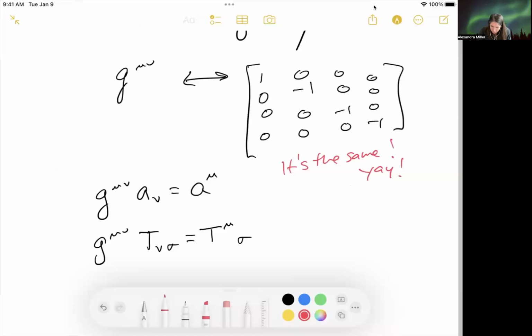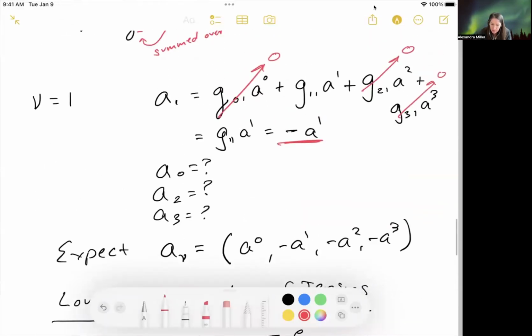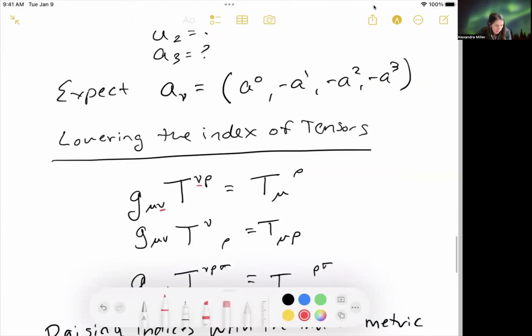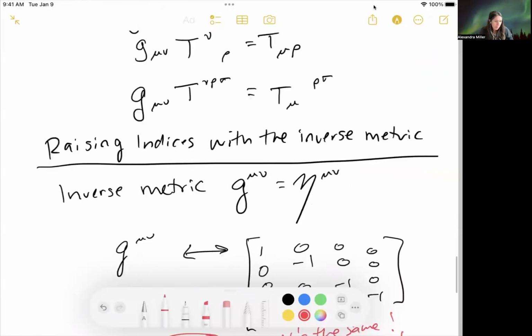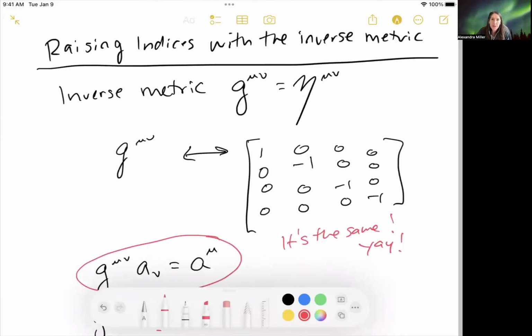And it is important that we have this contraction, this repeated index, when we are raising and lowering our indices. And I encourage you, especially in this simple case of a 4 vector, to do what I did previously up here and check that your minus signs work out in the way that you would expect. All right, so that's the basics of how you use the metric to raise and lower indices. Thanks for listening.